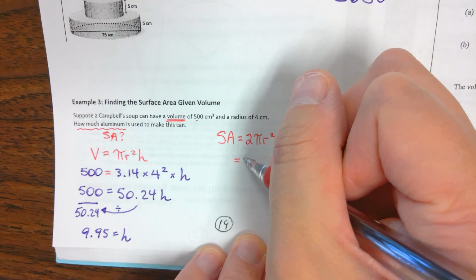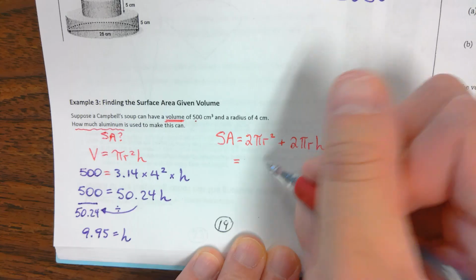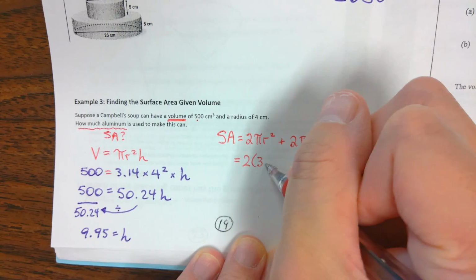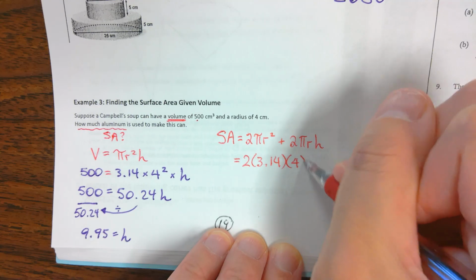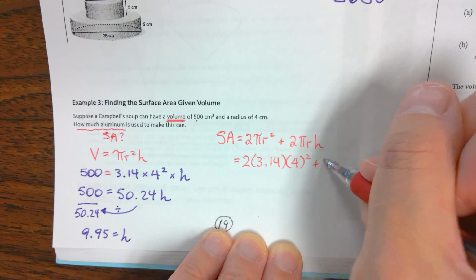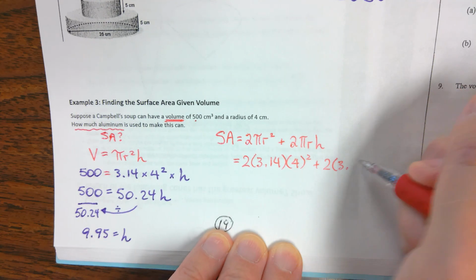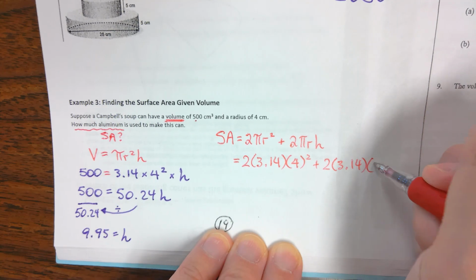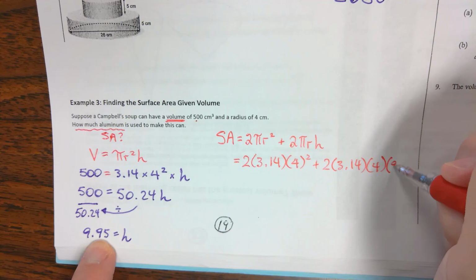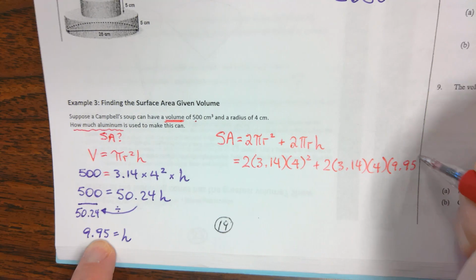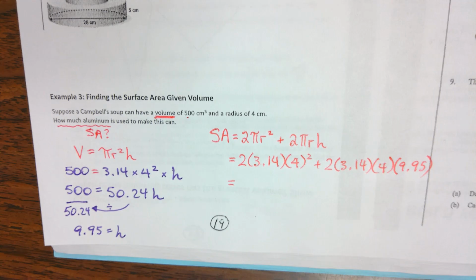Okay. So now we have everything. 2 times 3.14 times radius, which is 4. And then plus 2 times 3.14 times 4 times your height, which we just found to be 9.95. All right.